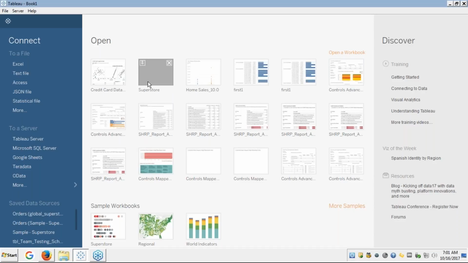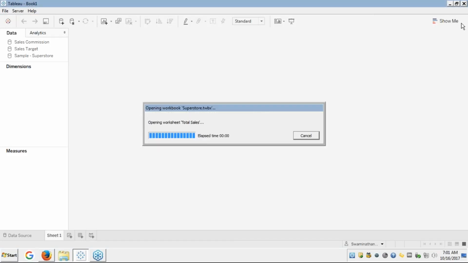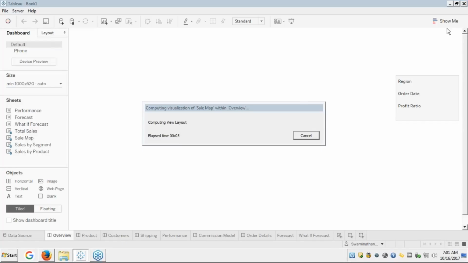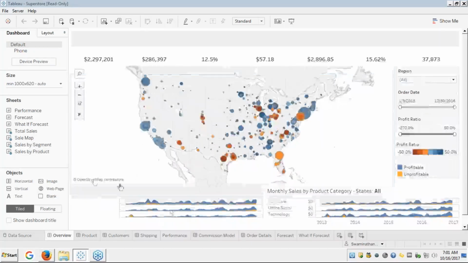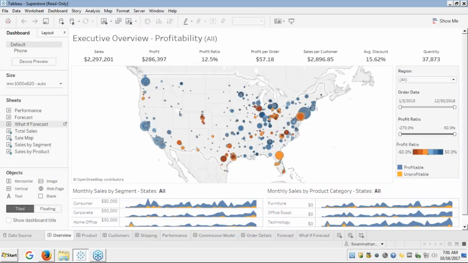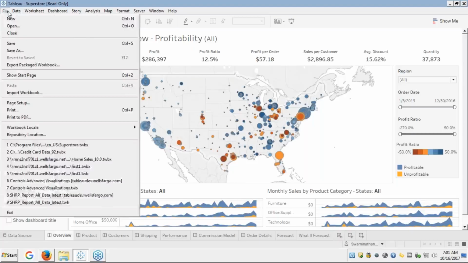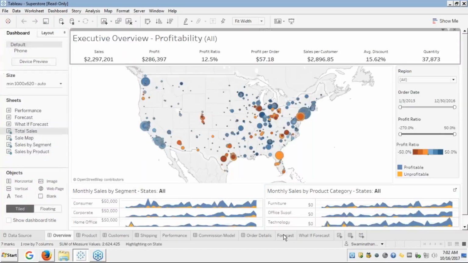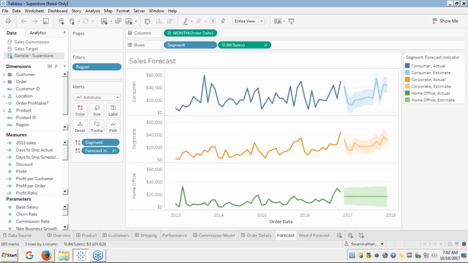I'll connect to that and let's see how to perform the forecasting. Okay friends, we will pick this example.